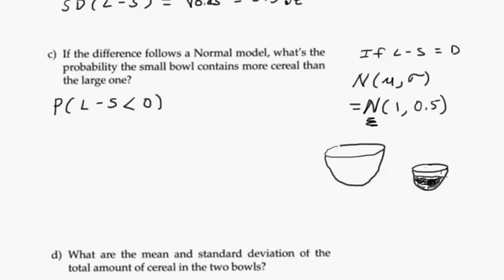Hopefully it's good for you and doesn't have a bunch of sugar in it. And then here is something in the large bowl. So this is the large and here's the small. Clearly there is more in the small bowl than the large bowl, so it's theoretically possible.